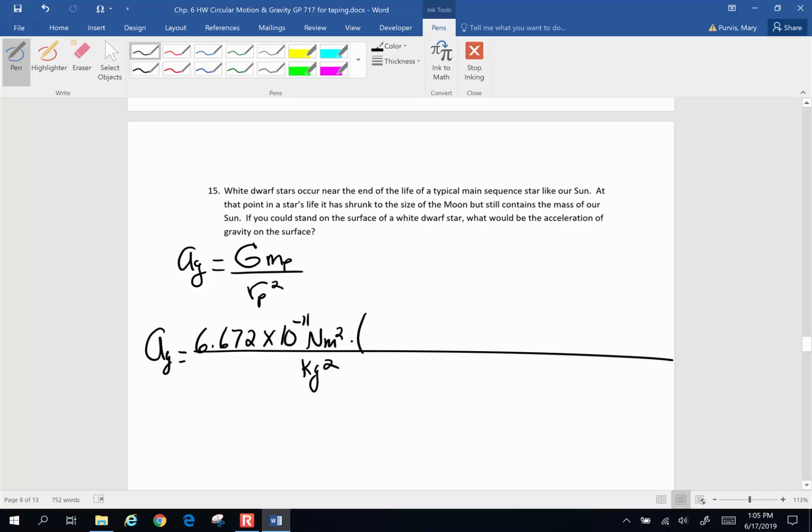But we're talking the mass of the sun. If we look on our sheet of planetary data, mass of the sun is 1.991 times 10 to the 30th kilograms. The moon has an average radius of 1.74 times 10 to the 6th meters, and we have to square that. So let's go forth and shove this in our calculator.